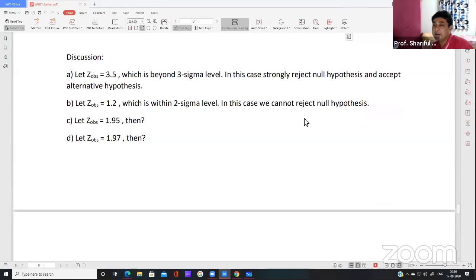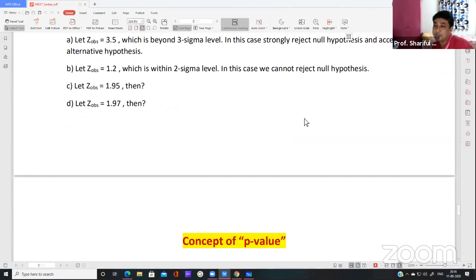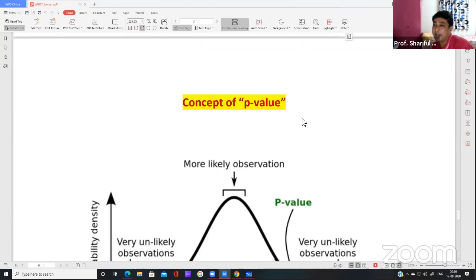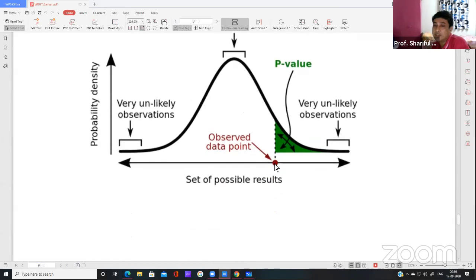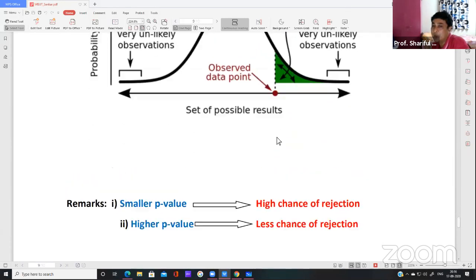But this is a generally fixed kind of concept. We want to make a dynamic scenario. In that case, we just calculate: suppose the observed Z comes here, what is the probability of occurring beyond that point? That probability value is called the p value.